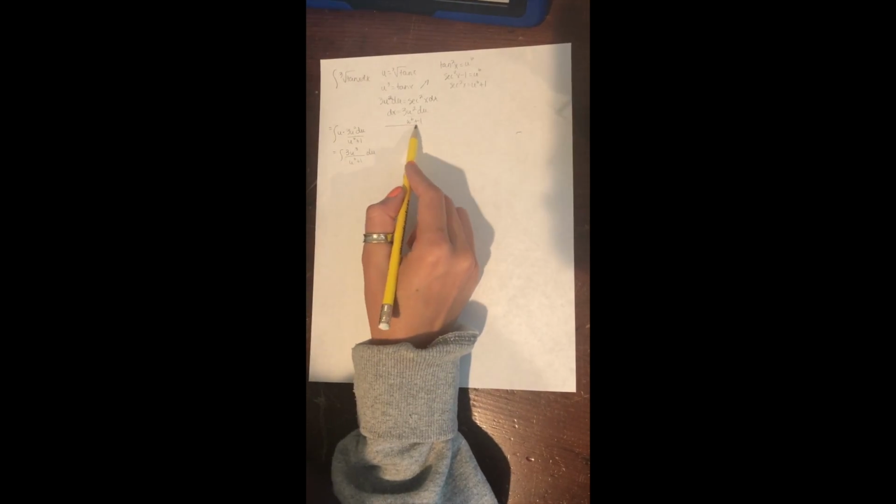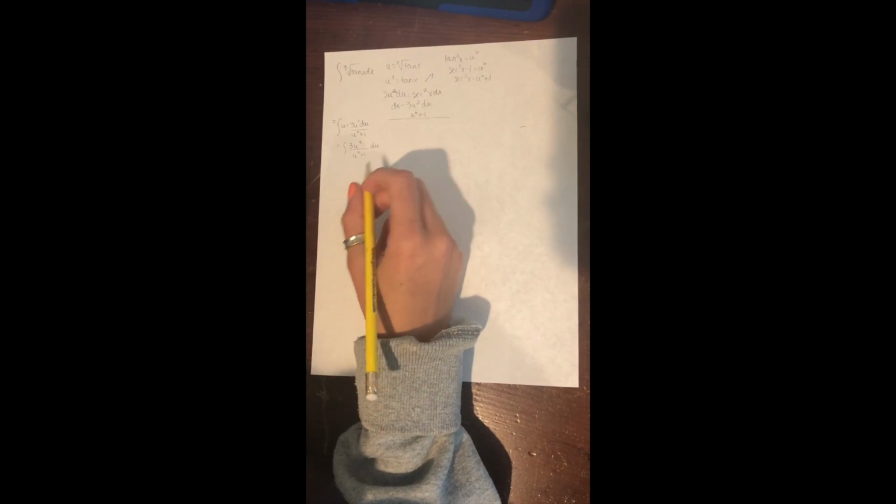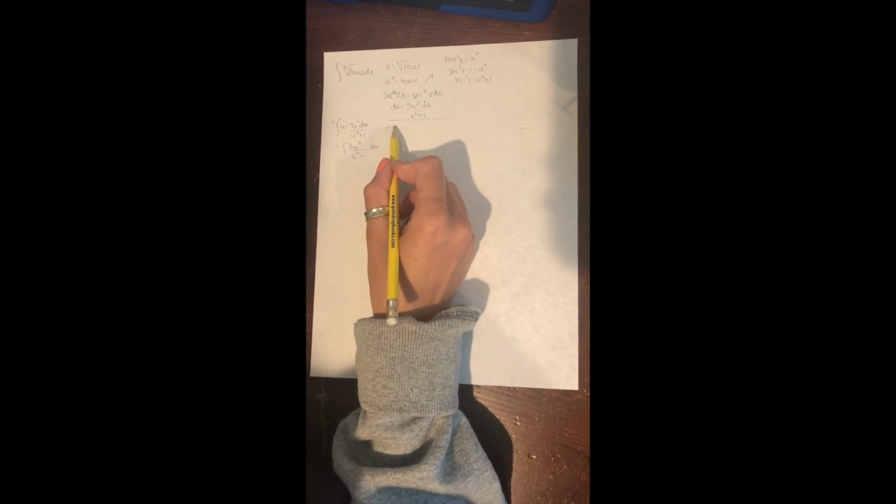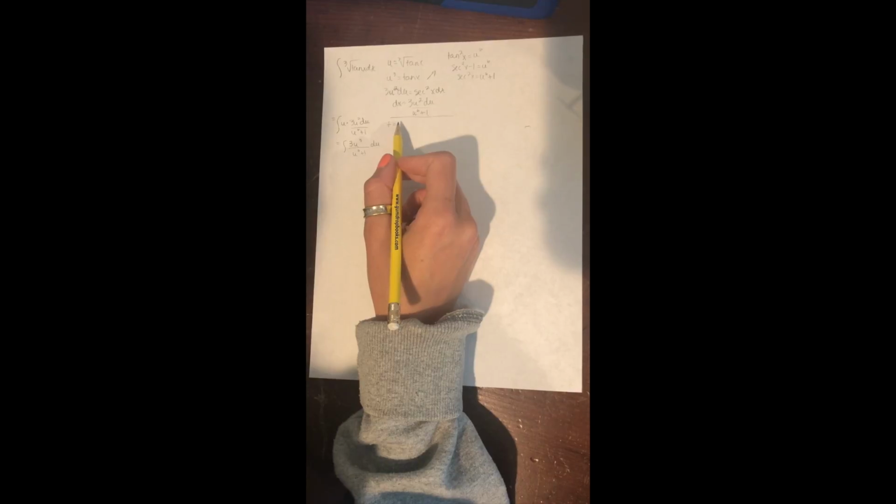Okay, so the next substitution we are going to do, we're going to let t equal u squared, and that means that dt will equal 2u du.